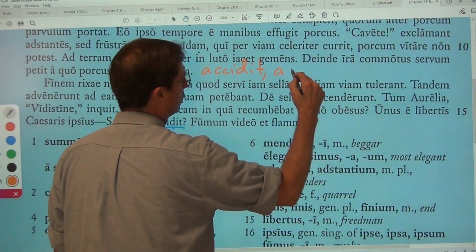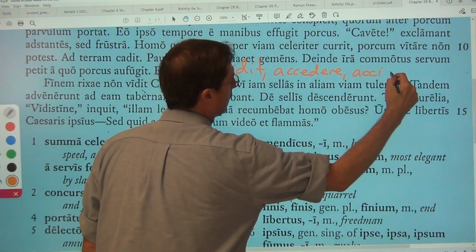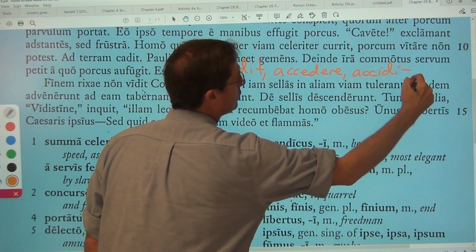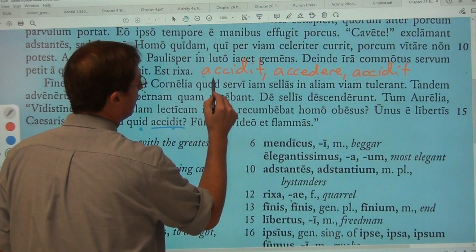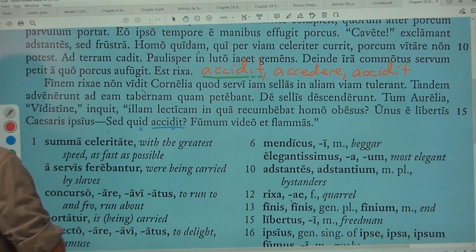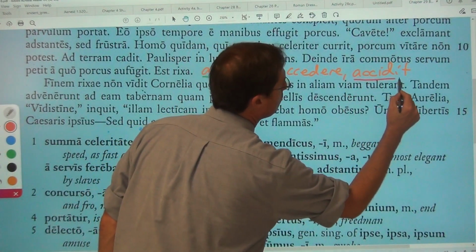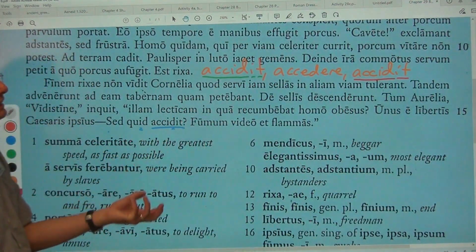The second principal part looks normal, accidere. And then the third principal part is again accidit, which tells you that in the first principal part we have a present stem, present vowel, present ending. But in that third principal part, you are going to have a perfect stem and a perfect ending. But the point is both the present and the perfect are identical in their forms.